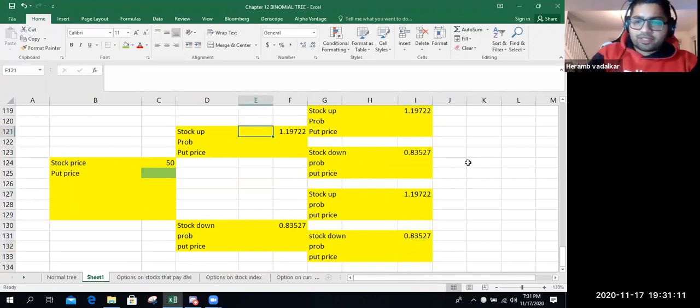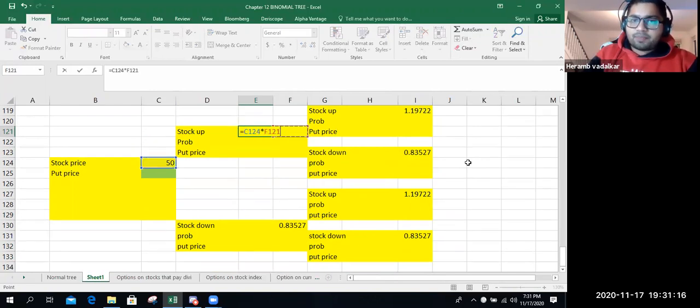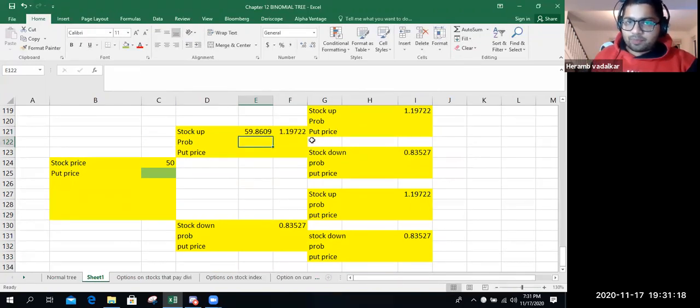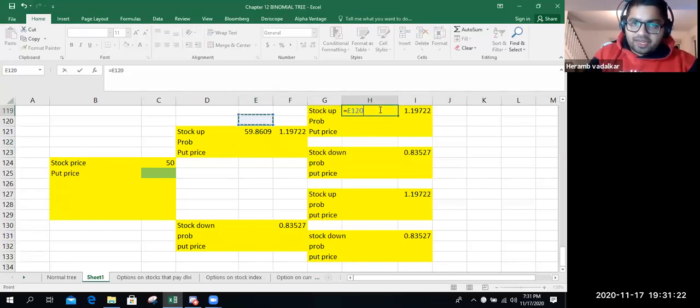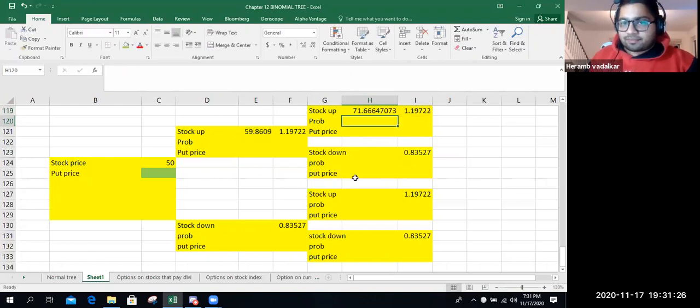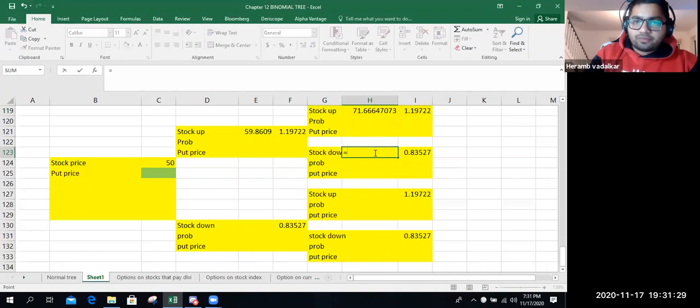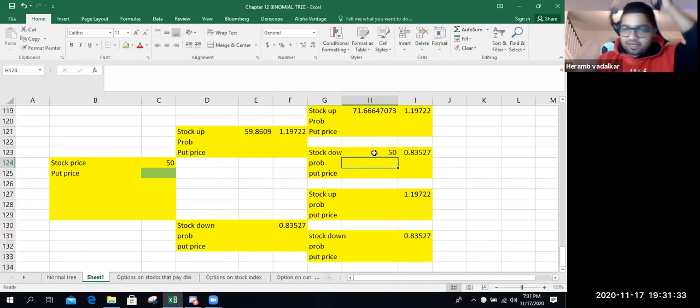Let's calculate stock prices. Stock moves up from 50, it will move up by 1.19. So 59. Again, stock moves up from 59, it will move up by 1.19. If stock moves down from 59, it will move down by 0.83.